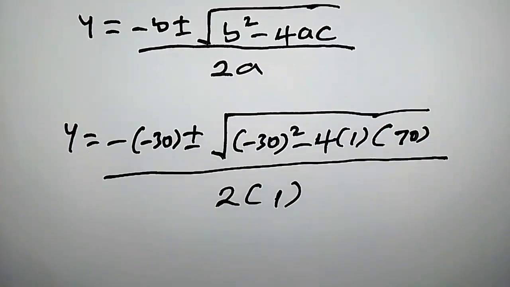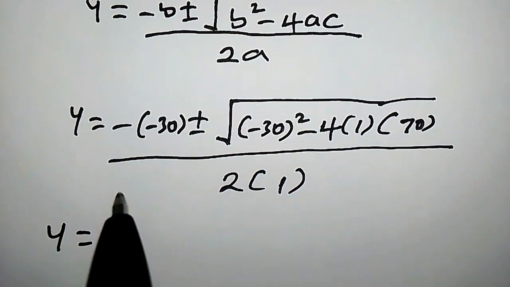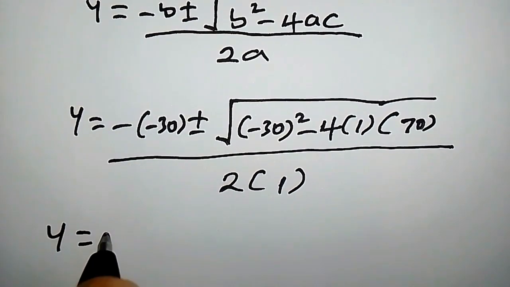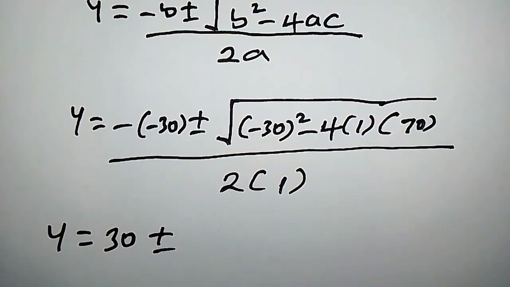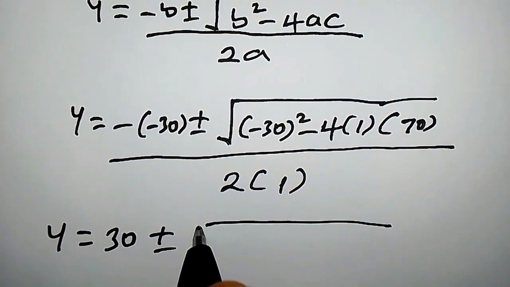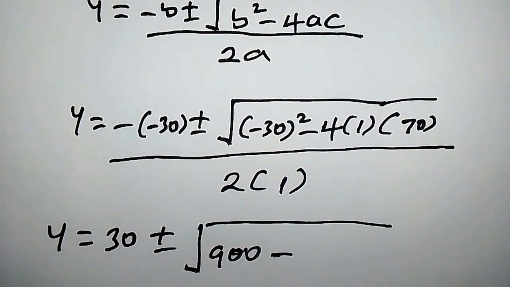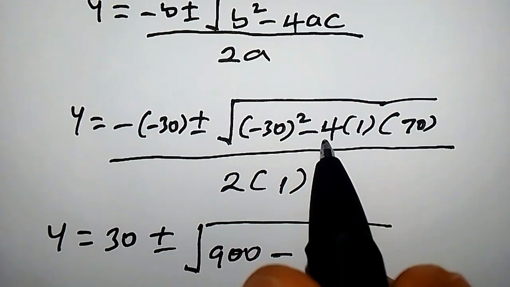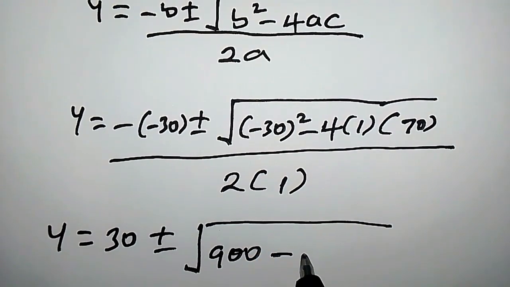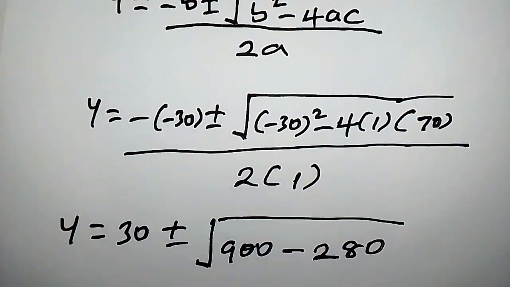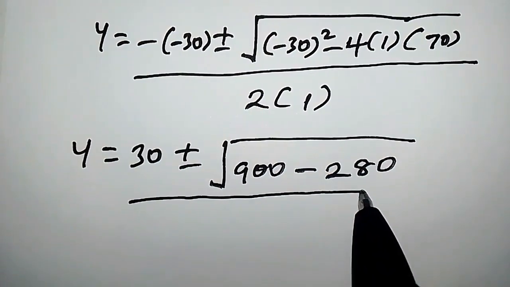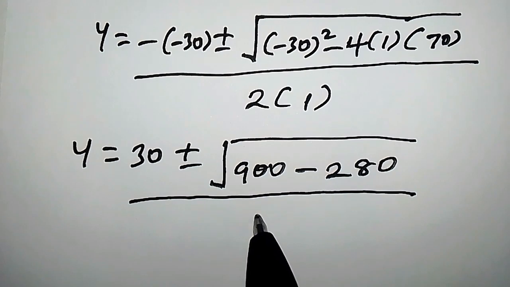So let's proceed further. y equals minus times minus 30, that is 30, plus or minus the square root of minus 30 all squared, which is simply 900, minus 4 times 1 is 4, 4 times 70, that is 280, divided by 2 times 1, that is 2.